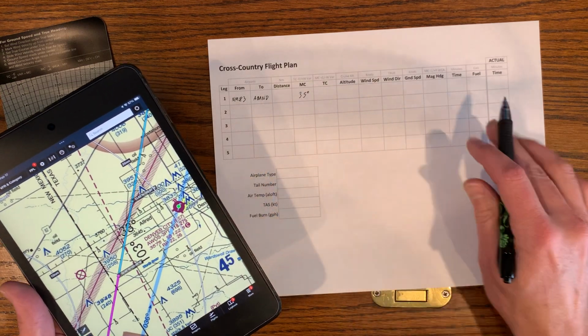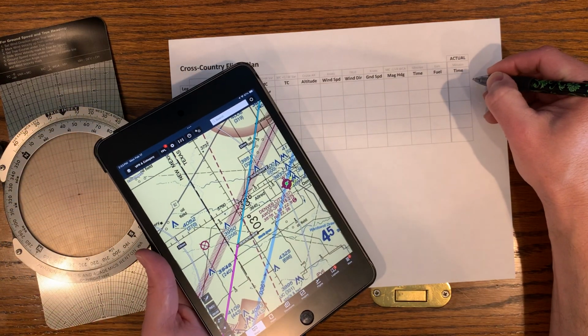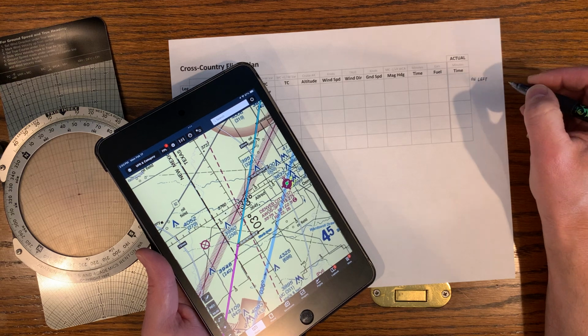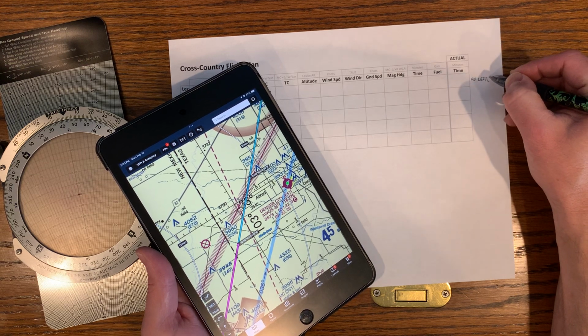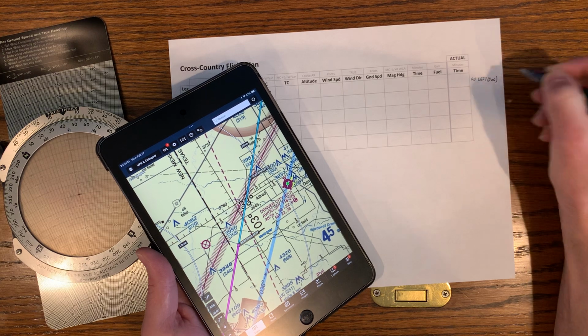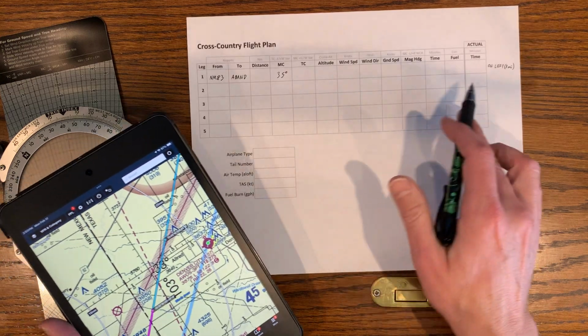Okay, and I'm going to make a note over to the right side. I'm just going to write, on left, 5 miles. 5 miles to the left. Just something that I can remember.